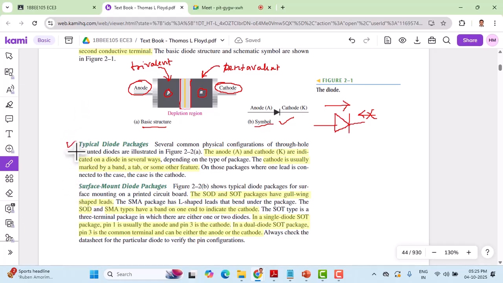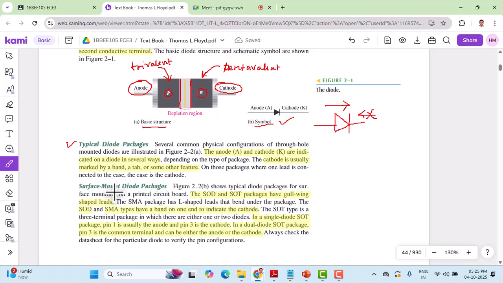One is the typical diode package, which has two terminals, anode and cathode. Generally this comes in a plastic or ceramic package, and on the package the cathode terminal is indicated, and the other terminal, the anode, is understood.